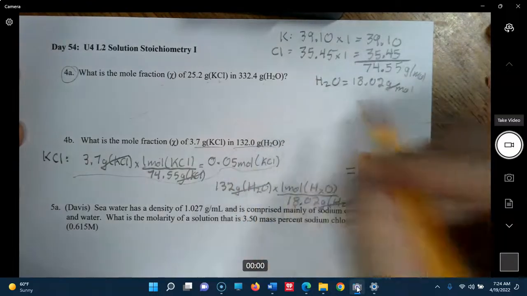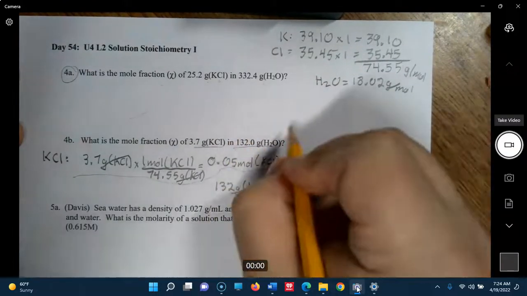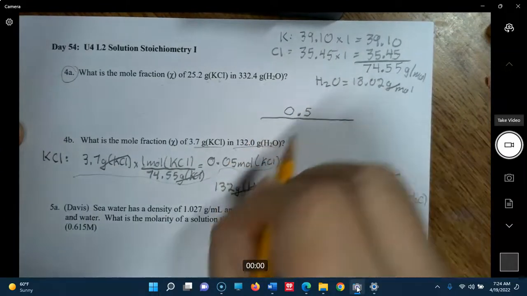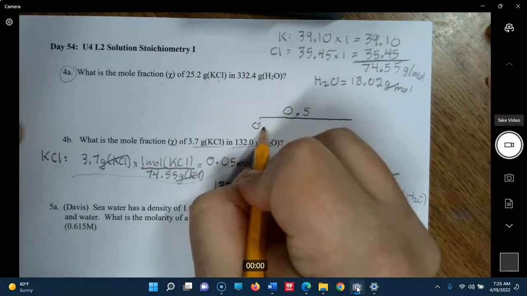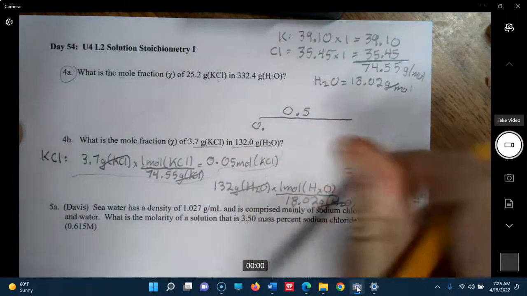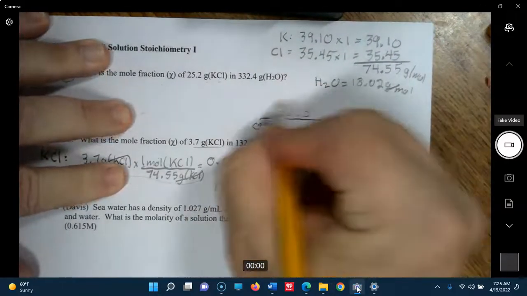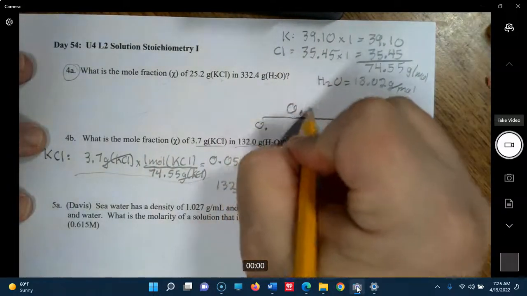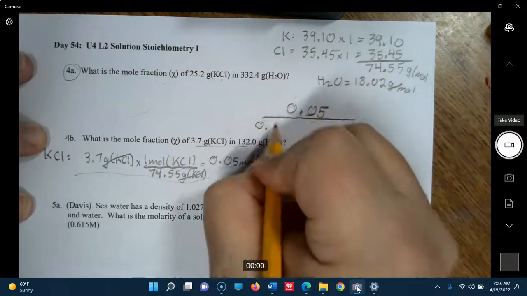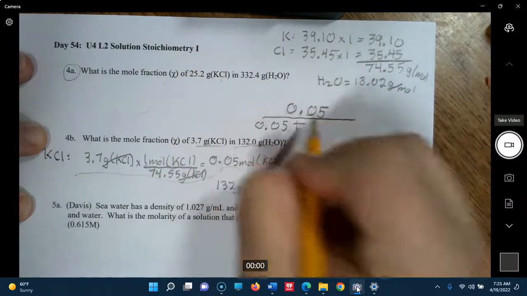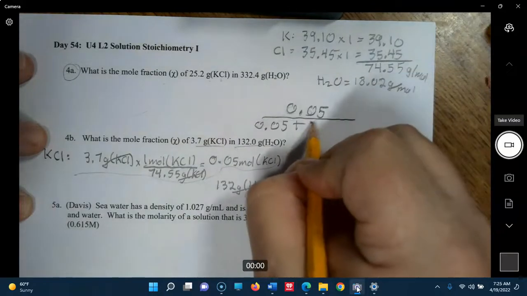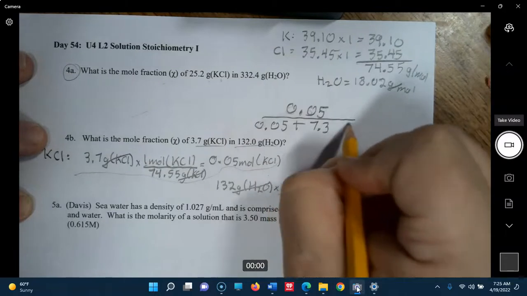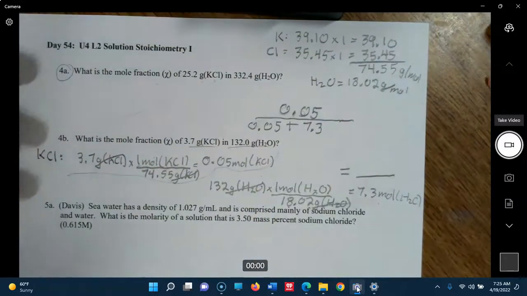All right, so what do I have? 0.05. I'm not going to write moles. It's just because they're going to cancel out anyway. That's of KCl. Down on the bottom, I have 0.05 plus the 7.3 for water. And again, all the moles are going to cancel out for everything. So now you do that math.